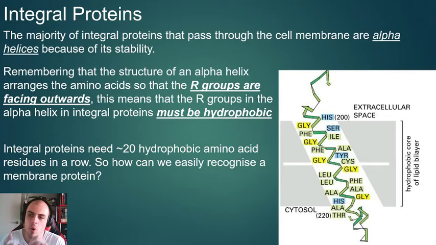And that's really important because remember with our alpha helical structure, it's a right-handed loop, so it's going to be moving around like a spring. Those R groups of the amino acids are facing outwards. What this means is that those R groups, if they are hydrophobic, can interact on the outside of our alpha helix.